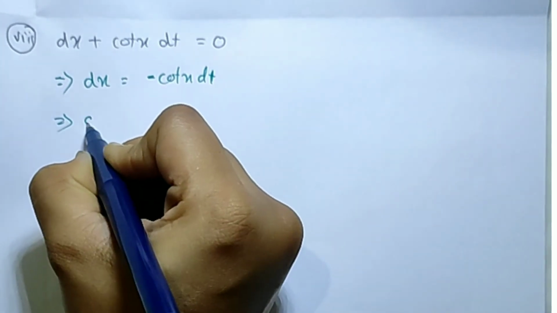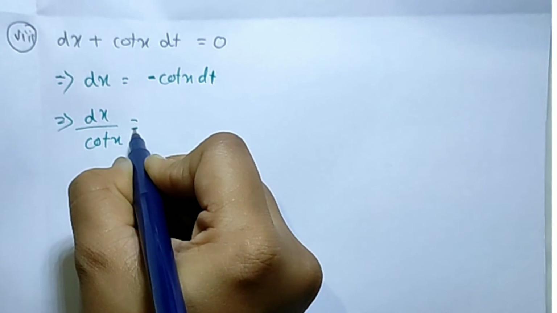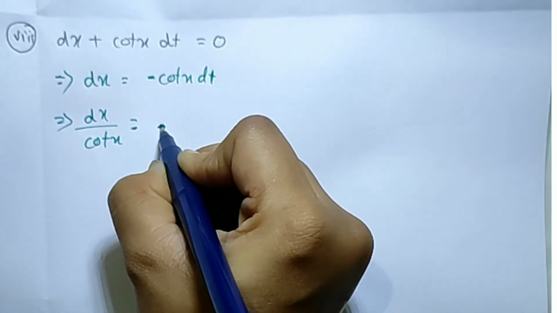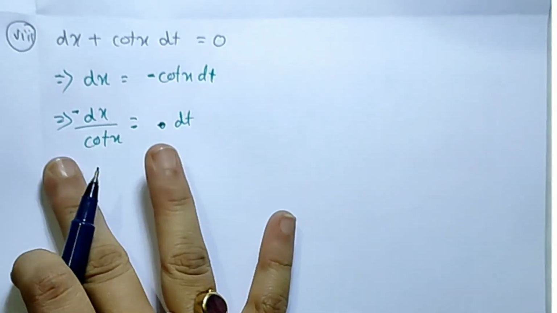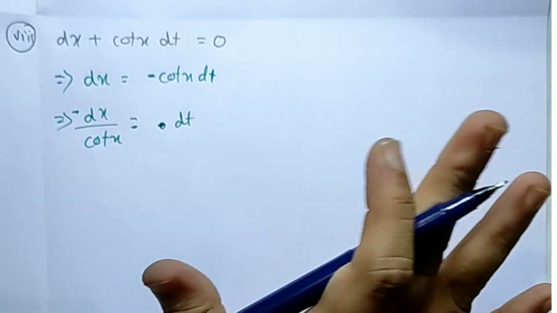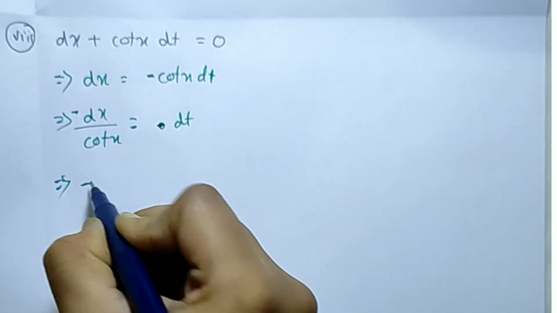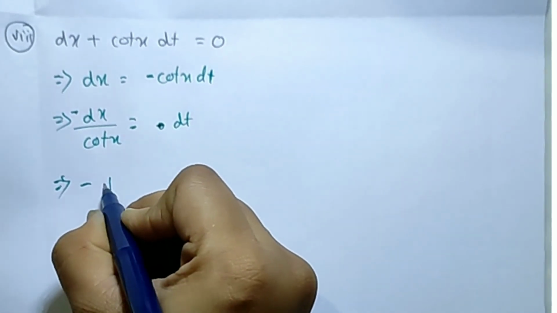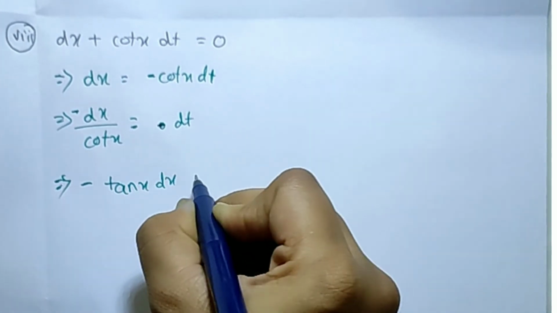This implies dx by cot x is equal to minus dt, or I can write this minus on the left hand side. You can write this minus on either side; it is only a constant, so it doesn't matter. One by cot x will be tan x, so tan x dx is equal to minus dt.